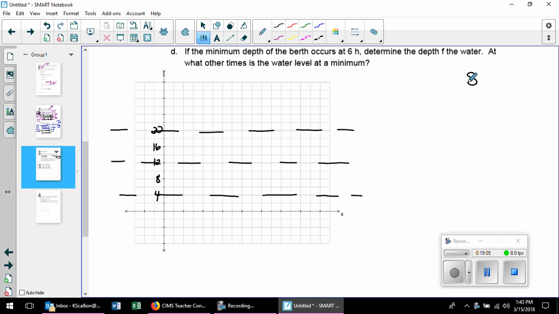So what's my something happening point? What do I do with that period? Right, I take my 12 and I divide it by 4, and every 3 hours, something happens.